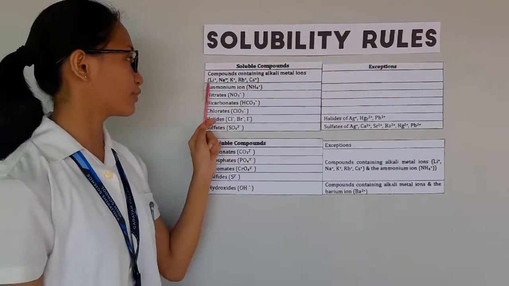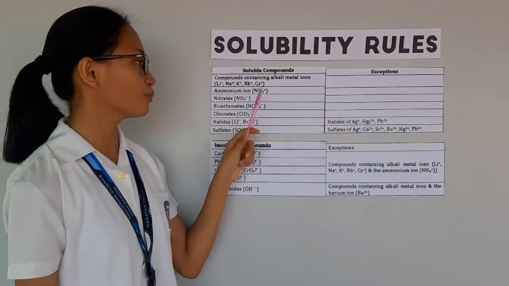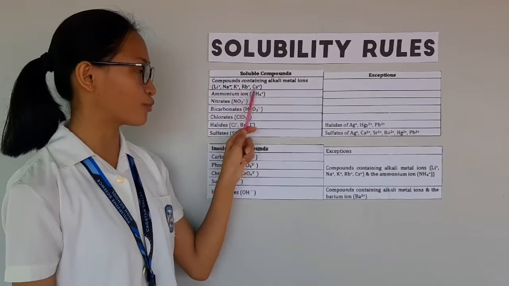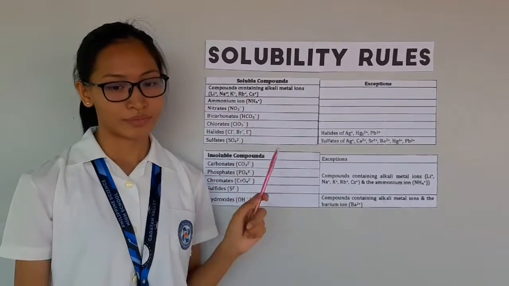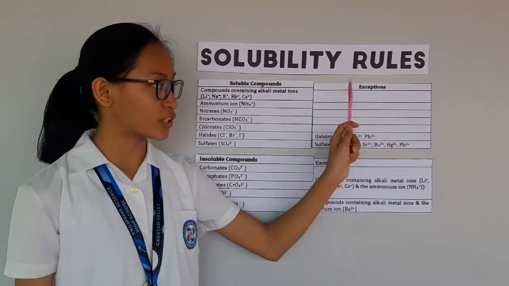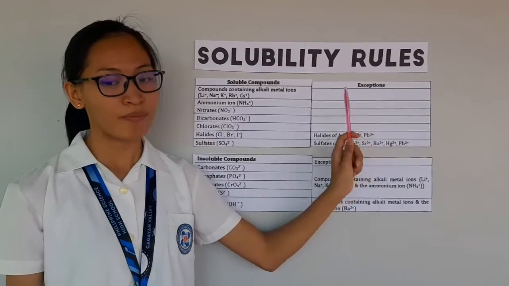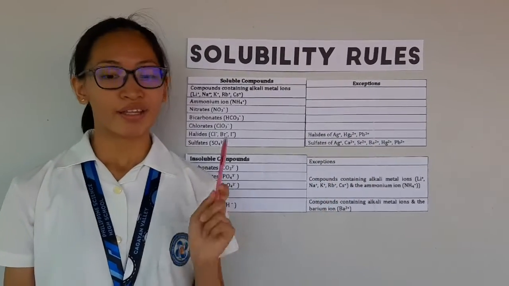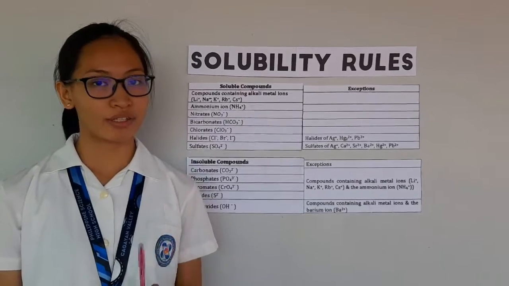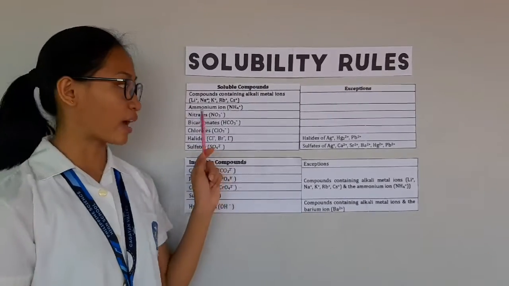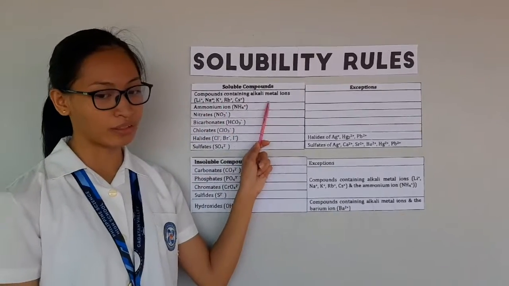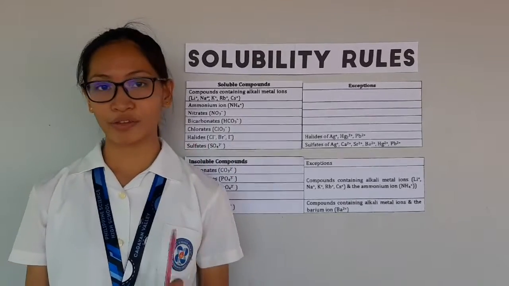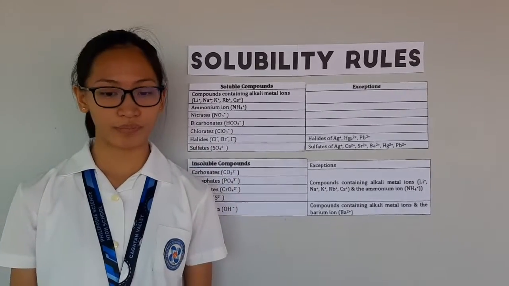This consists of lithium, sodium, potassium, rubidium, and cesium. The second column, which lists exceptions, tells us what makes it insoluble. In this case, there are no exceptions to this rule. Every time you see a Group 1A metal, that means your compound is always soluble.